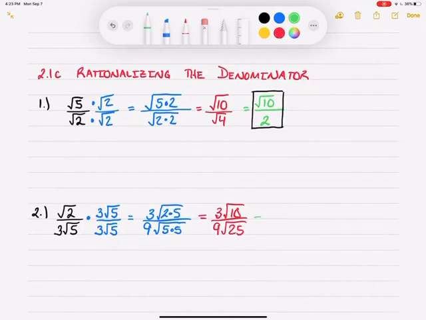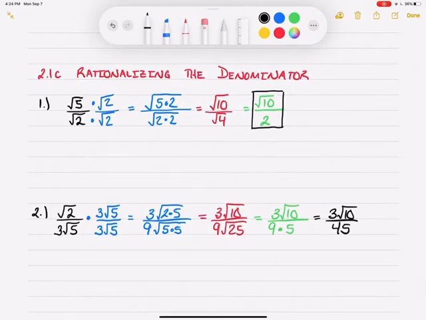I can't do anything with the numerator. 3 square roots of 10 can't be reduced. But in the denominator, the square root of 25 is 5. And when I multiply 9 times 5, I get 45 in the denominator.